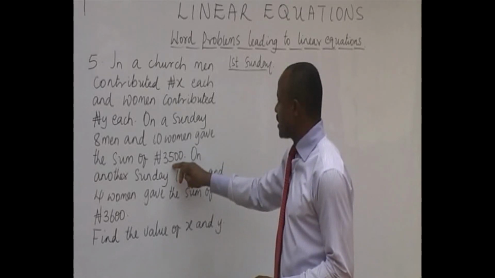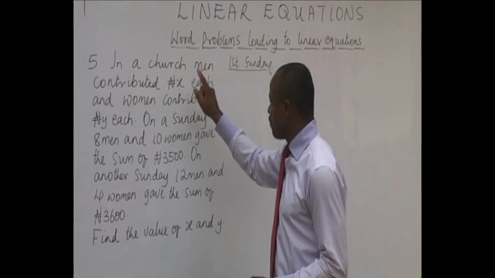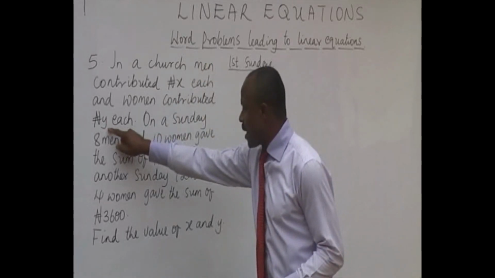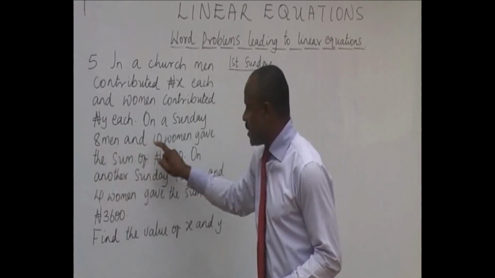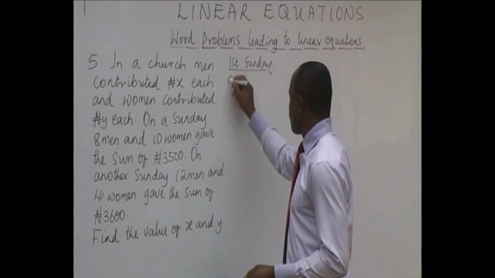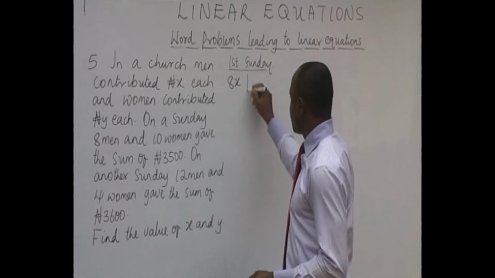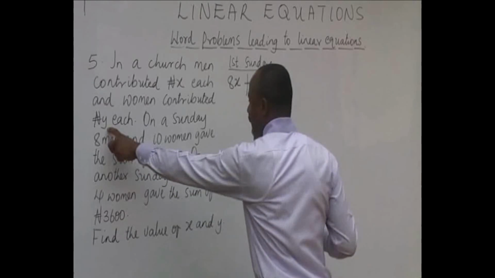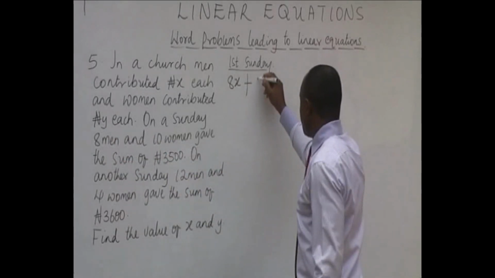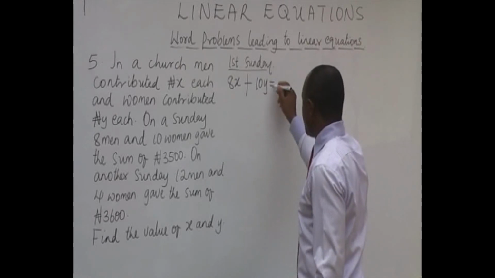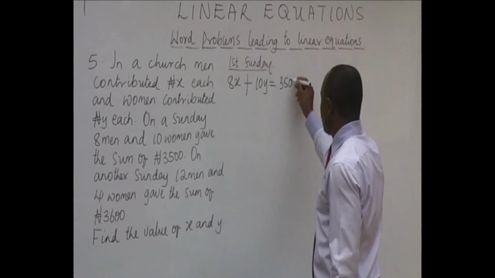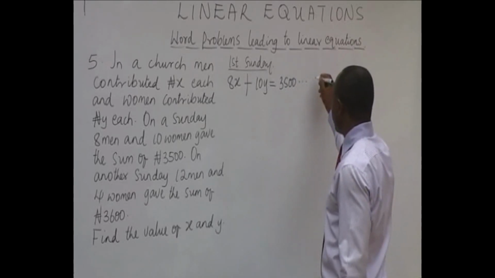What it means is that if each of the men contributed x and each of the women contributed y, and 8 men, 10 women, it means 8 times x, which is 8x, plus y times 10, which will give you 10y, is equal to the sum they contributed, which is 3,500. This is your equation 1.